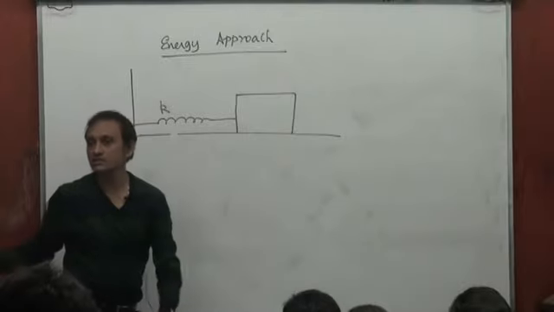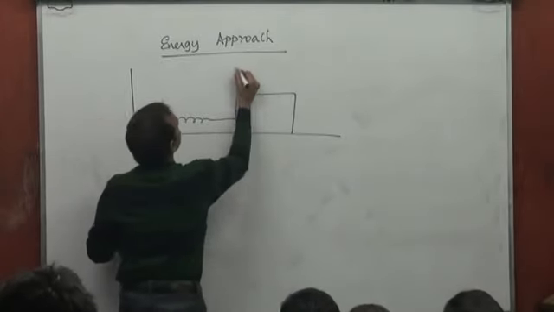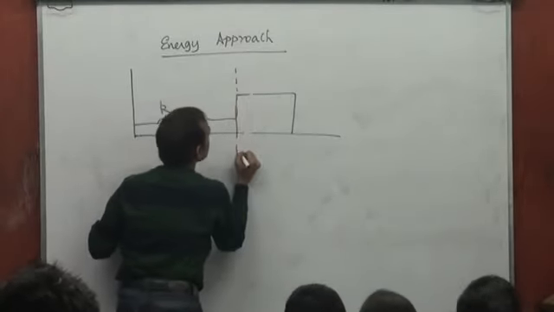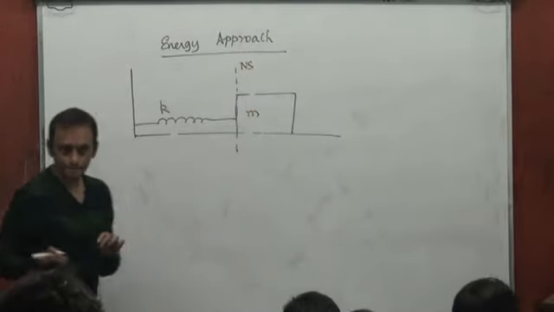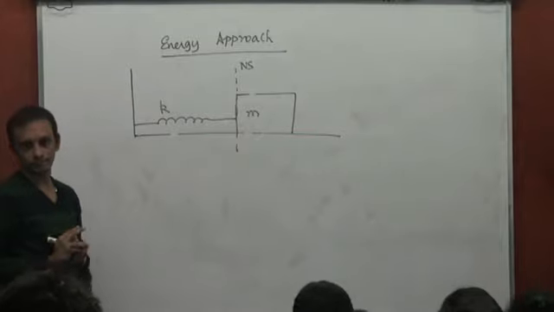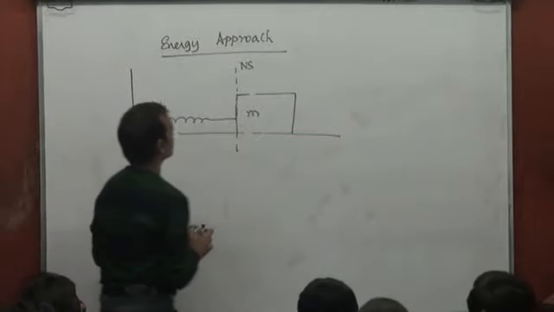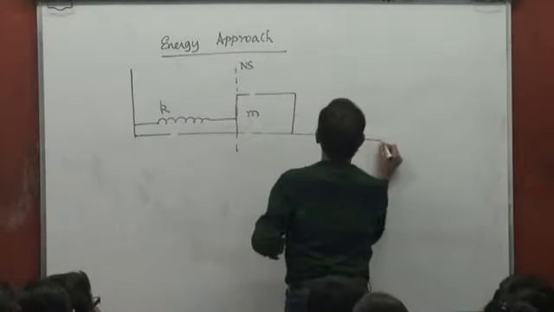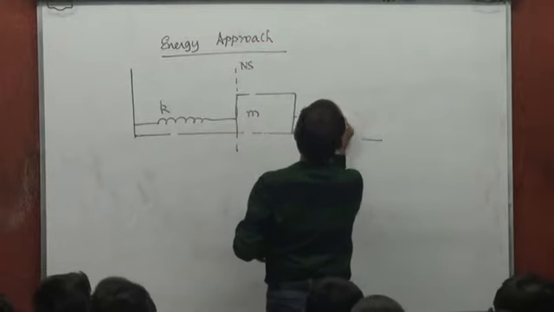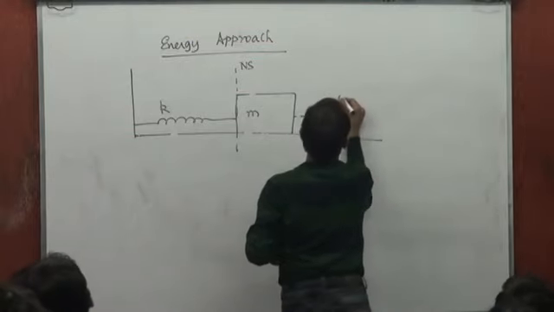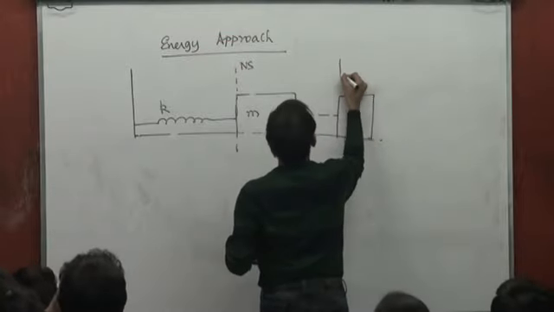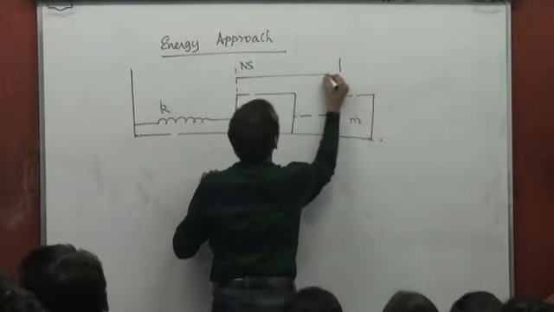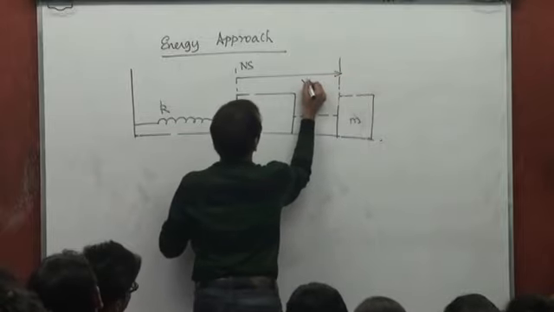Spring of force constant K. This is the natural state of the spring. Mass M. Imagine an intermediate state of motion of the mass M, where it's displaced by an amount x.